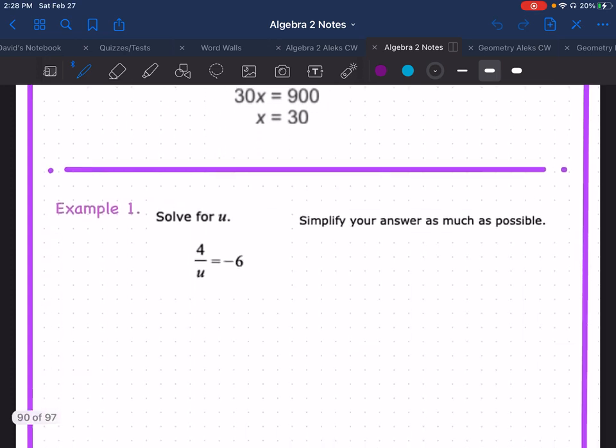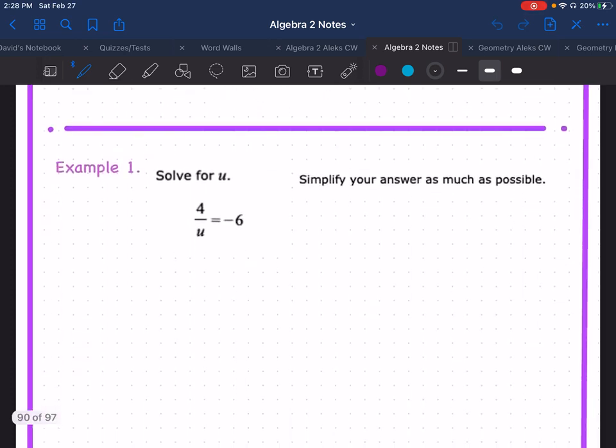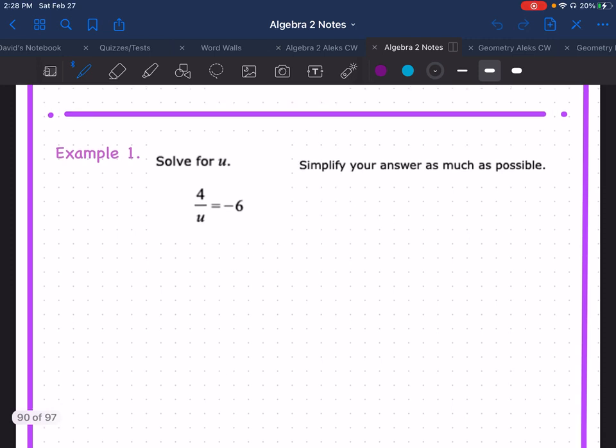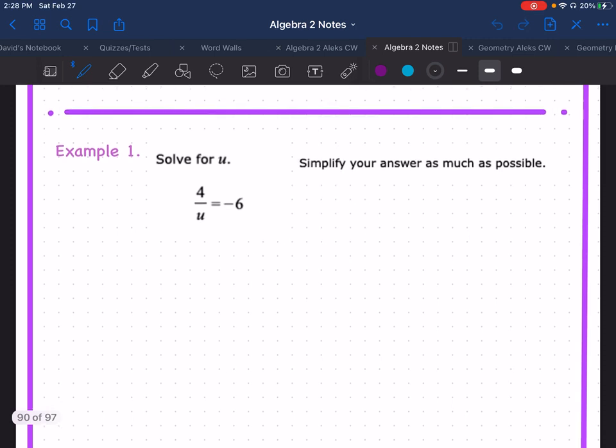So here we go. Here's example 1. Solve for u, and we need to simplify as much as possible. So notice on the left side of our equation, we have a rational expression, and on the right side, we just have an integer. Any integer like -6, I can make into a fraction by putting it over 1.